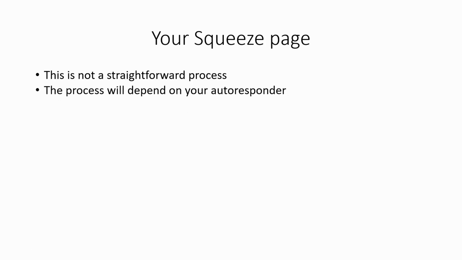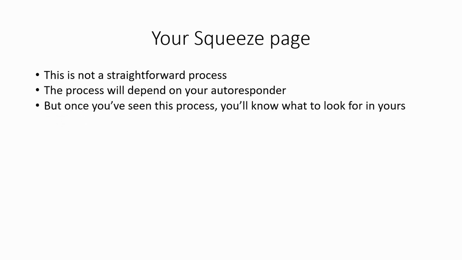If you have Aweber, this is going to look slightly different. If you have Constant Contact, or one of the other ones, it's going to look slightly different. But the good thing is that once you've seen this process, you'll know what to look for in your individual autoresponder. And obviously, if you have GetResponse, you'll be able to do this right off the bat.